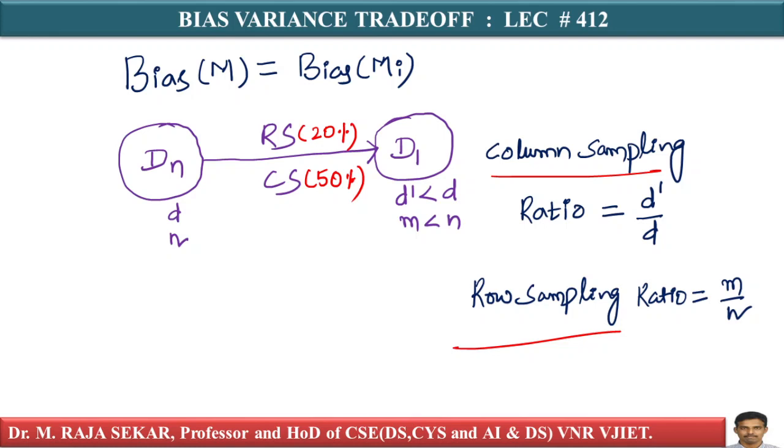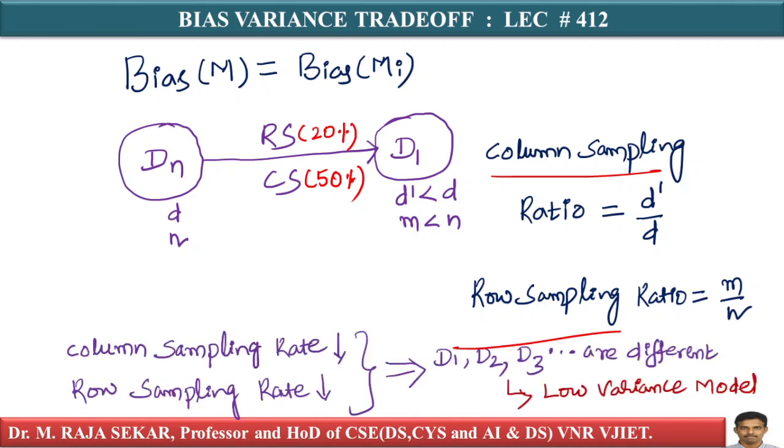If your column sampling rate and row sampling rate are small, each of the data sets D1, D2, D3, and so on, are more different. If they are more different, then what do you have? You have a low variance model, or in other words, your variance reduces.